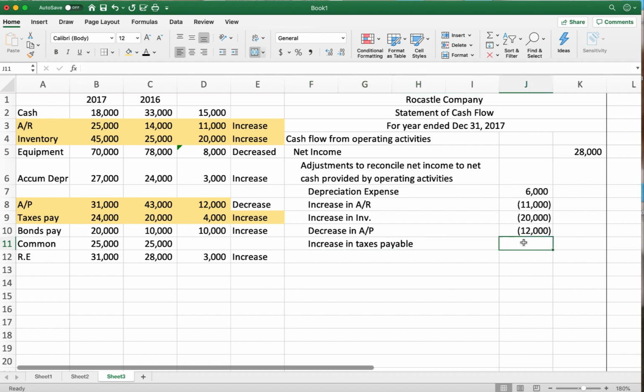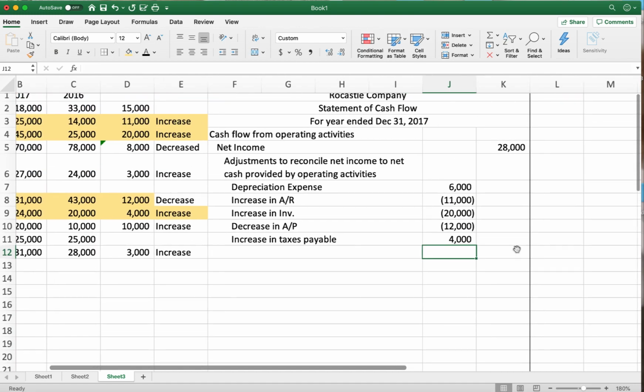Okay, so if we have an increase in a payable, what does that mean for us? Well, that means that we accrued the expense, but we didn't pay the expense. We still have that cash, right? So from net income, we subtracted our $4,000 to end up with net income of $28,000, but we're trying to get back to the cash basis, so we need to add back that $4,000.